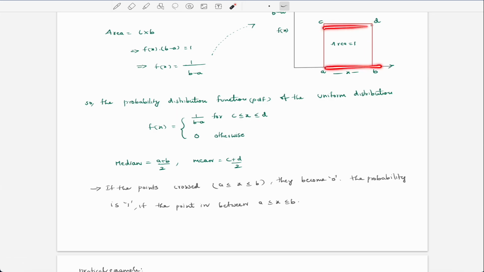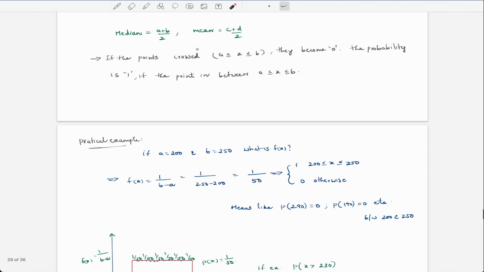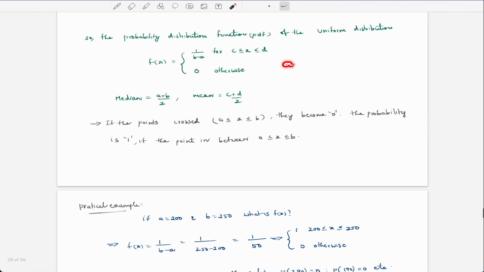If the points are crossed, if they are less than a or greater than b, then they simply become 0. The probability is nonzero when they are between these two, a and b, right?